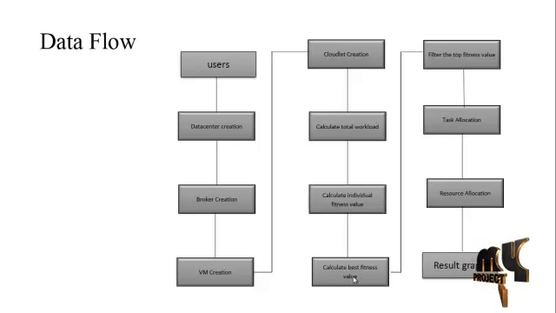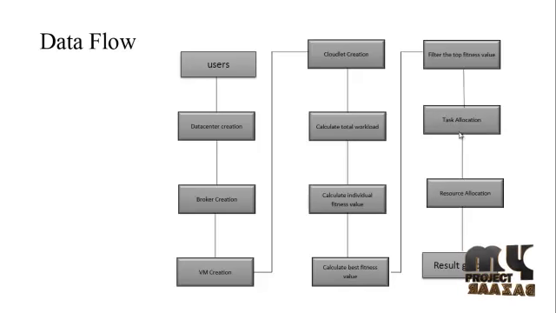In the fitness value, a certain number of users can be processed on a certain number of servers, and the top fitness values can be found to make the allocation for resource scheduling, and the task can be allocated.